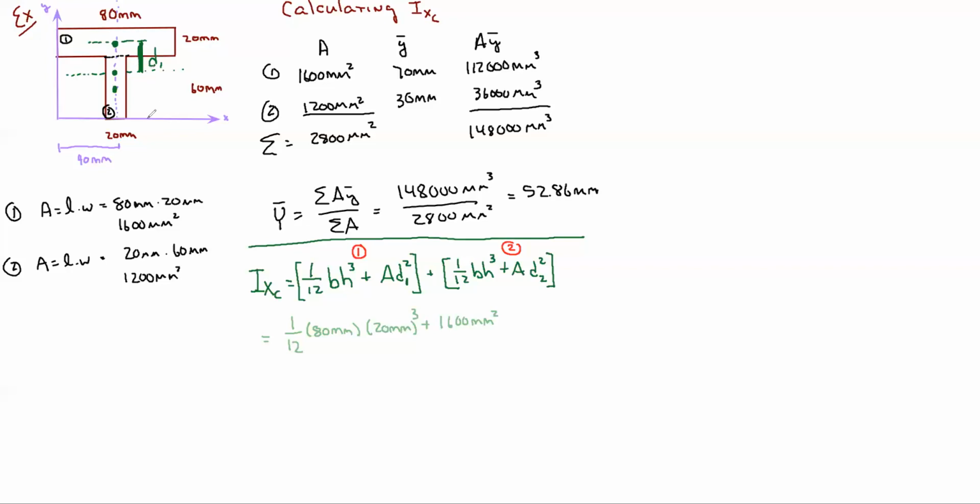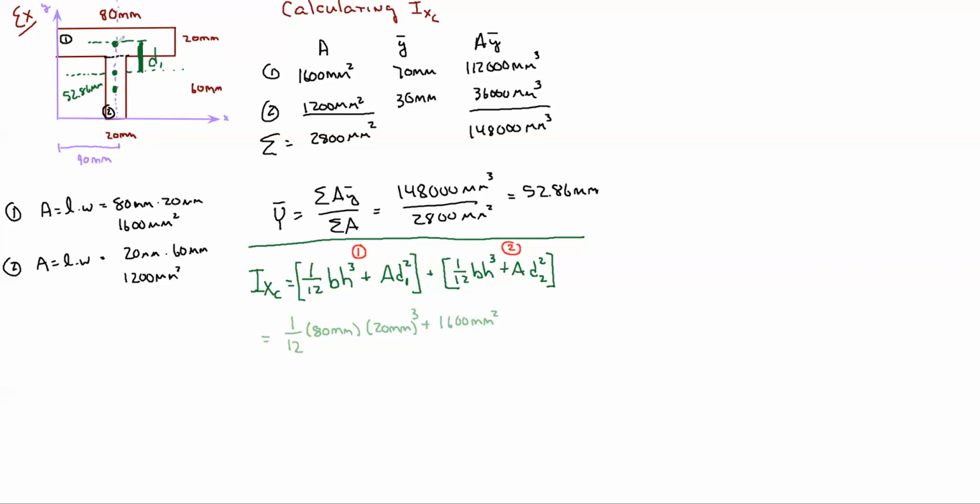So from the x-axis up to the y bar, we know that it's 52.86 millimeters. From the x-axis all the way up here to this point is 70.